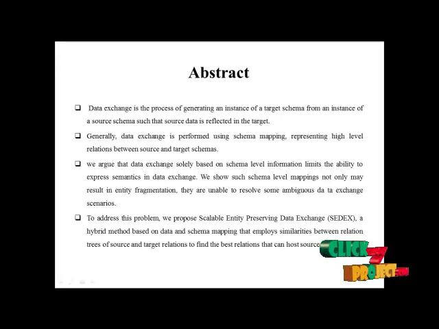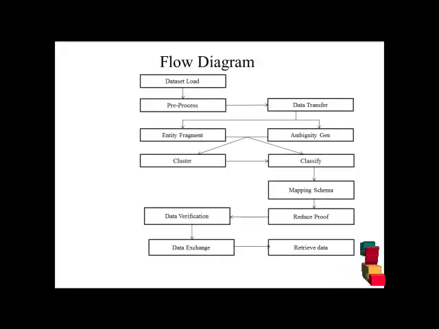Here we address the problems with the proposed Scalable Entity Preserving Data Exchange, SEDEX, a hybrid method based on schema mappings and the similarities of the relation trees or tuple relations of the source and target schemas. This is the flow diagram of SEDEX.